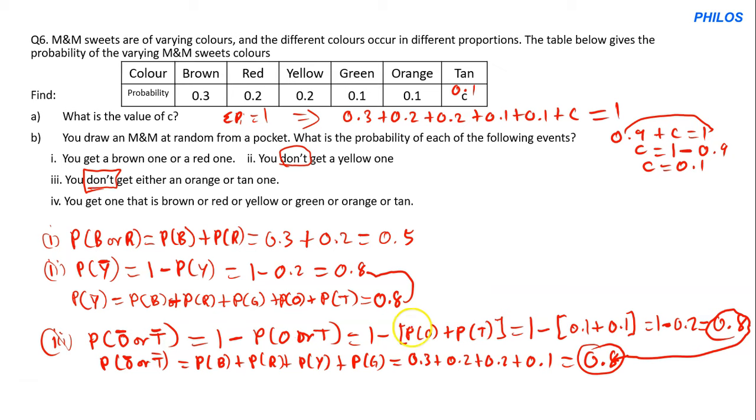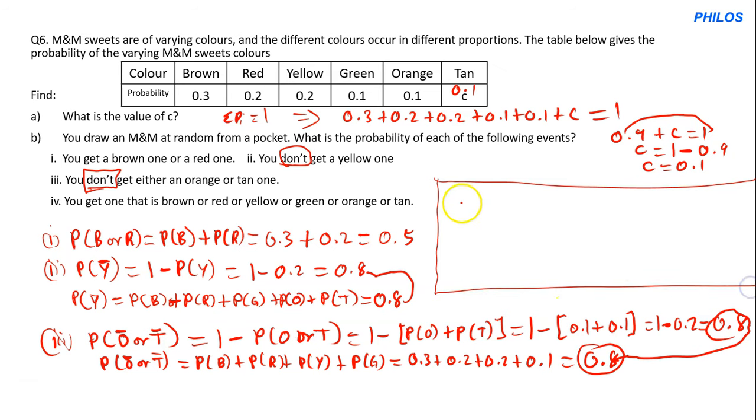So let's look at Roman number 4, which is the last one. I'll write it here. So Roman number 4. What is the probability that you get one that is brown or red or yellow or green or orange or tan? It looks like all the colors have been mentioned.